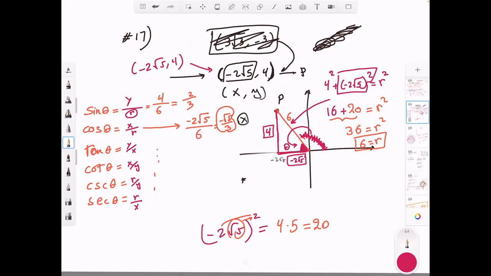The first thing we do, we plot this. Let me solve this one. I did it for somebody who asked me after the class.